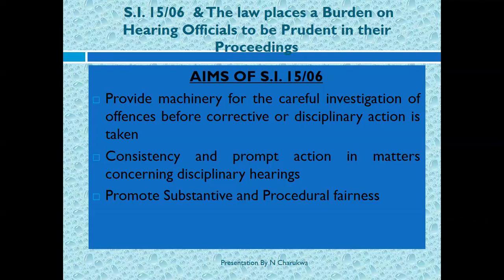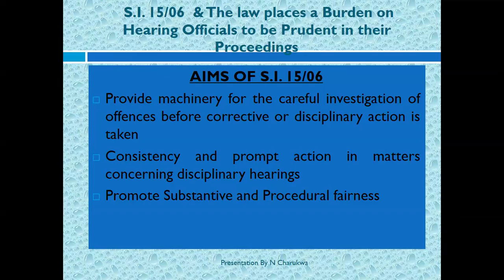Now, there are three types of codes of conduct that an employer can actually administer. One, we have the National Code of Conduct, which is SI 15 of 2006, and that is the one we are going to be discussing today.